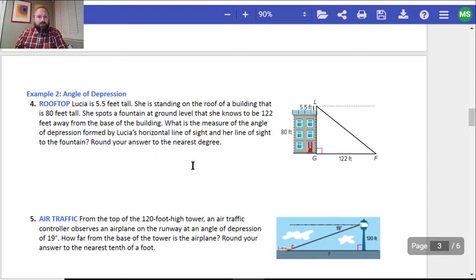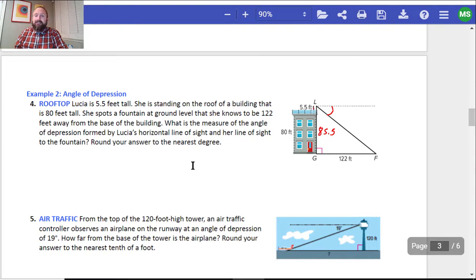What is the measure of the angle of depression formed by Lucia's horizontal line of sight and her line of sight to the fountain? Okay, well, I would add these two numbers. So now I know instead of 80, it's 85.5. And now I can figure out her angle of depression is right there.